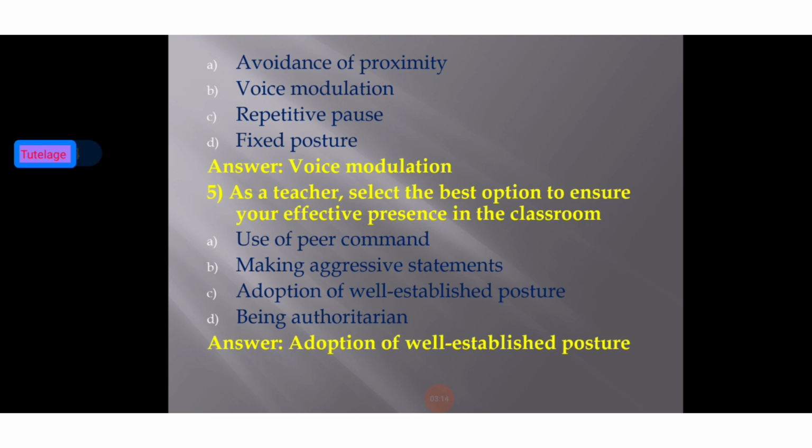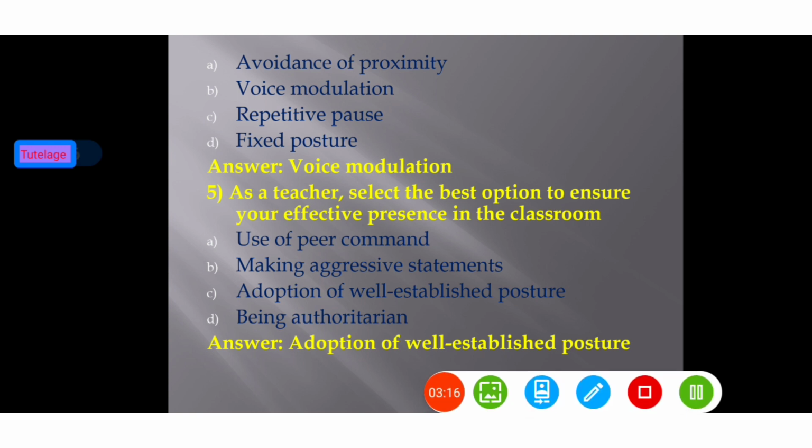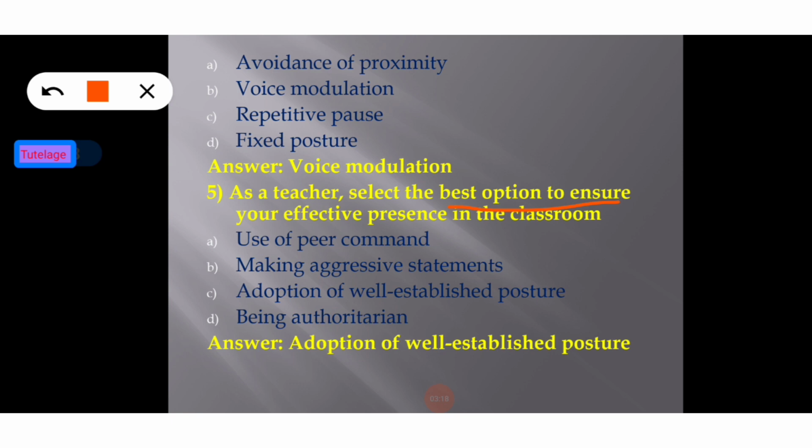Now move on to the next question. As a teacher, select the best option to ensure your effective presence in the classroom: use of peer comment, making aggressive statements, adoption of well established posture, and being authoritarian. Always, a teacher selects the best option for ensuring his or her effective presence in the classroom.